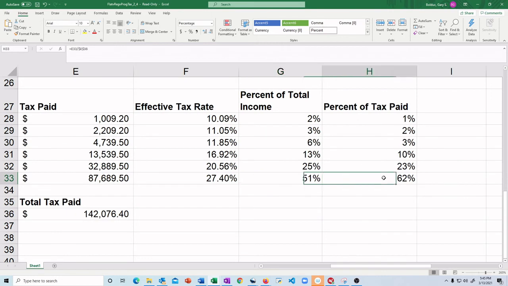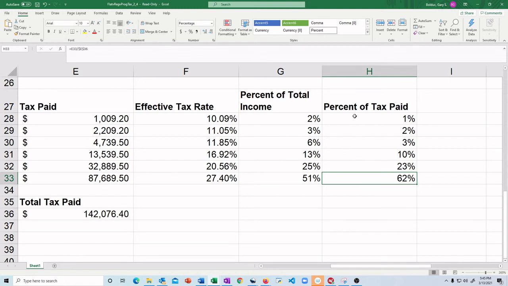This person who made 51% of all the income in the town actually paid 62% of all the tax that was collected. So they paid a larger proportion of all tax that was collected. And this works all the way through.